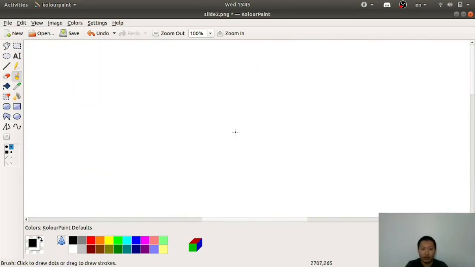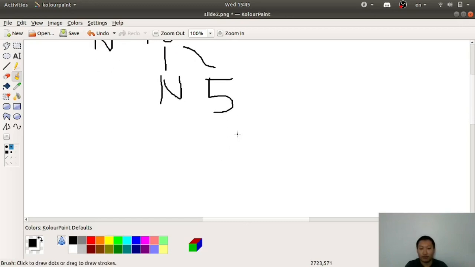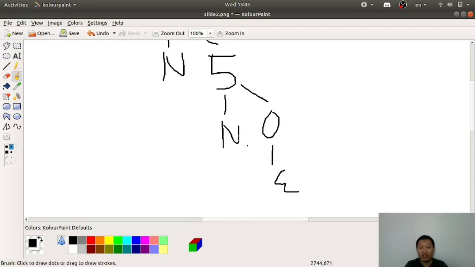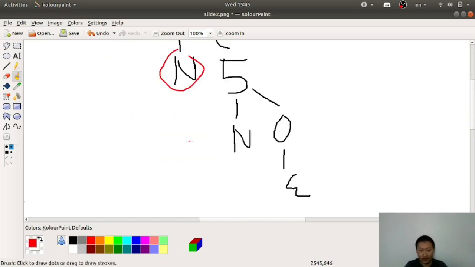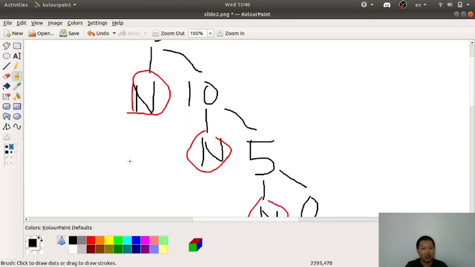We had 15, and then the 15 splits up into an n and a 10, and then the 10 splits up into an n and a 5, and it splits up to an n and a 0, and the 0 turns into an empty string. And the way we read that is the final string is just these bottom nodes. So the final string is n, n, n, and then we ignore the empty string. Okay, and that's called the yield of the tree.